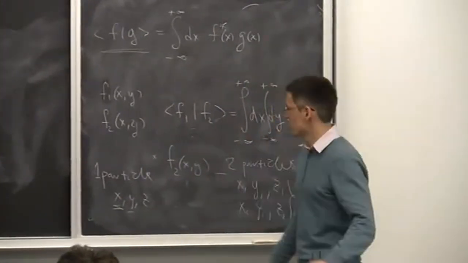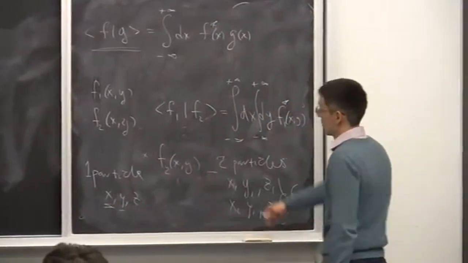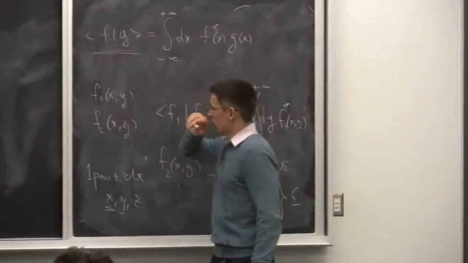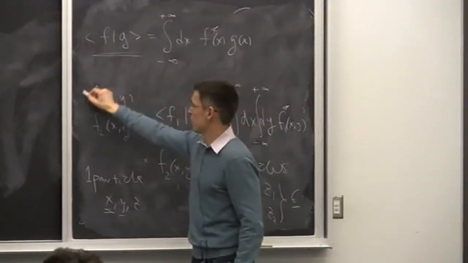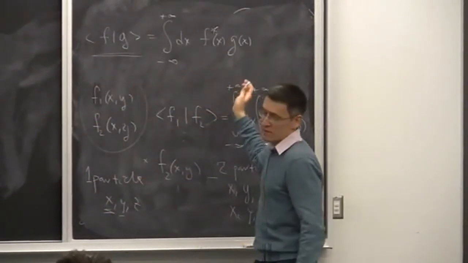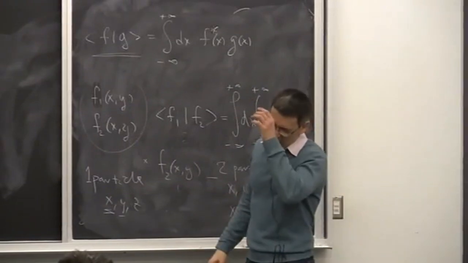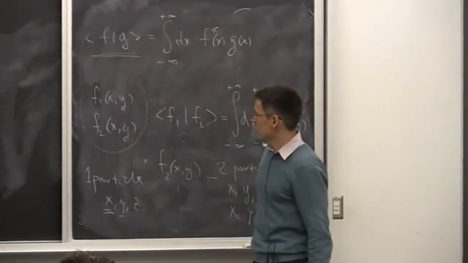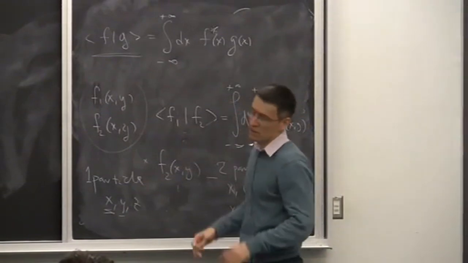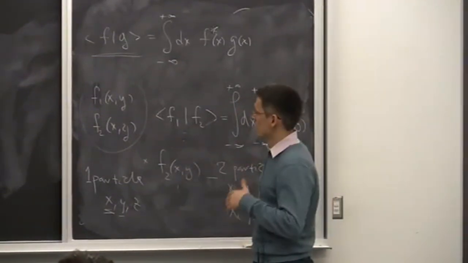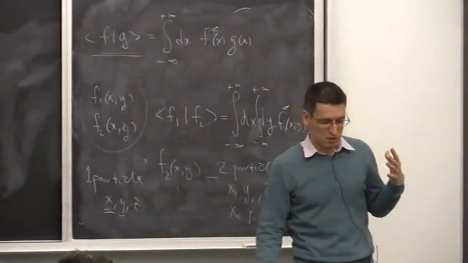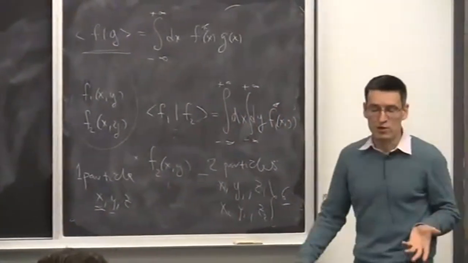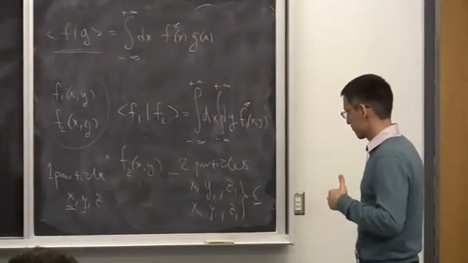And there is a more fundamental reason why this is useful, because functions, usually you think of them as functions of x, y, z variables. On the other hand, you can present functions also as a linear combination of other functions, and then in that representation the function is presented as coefficients in that expansion.